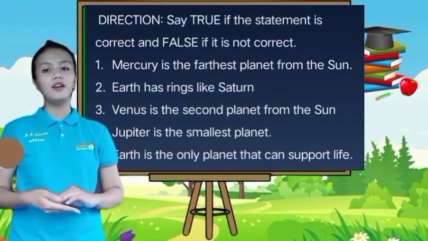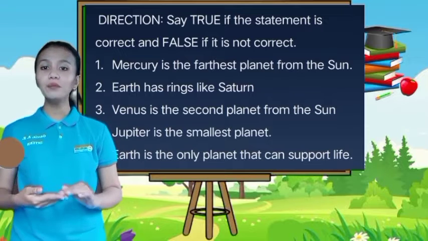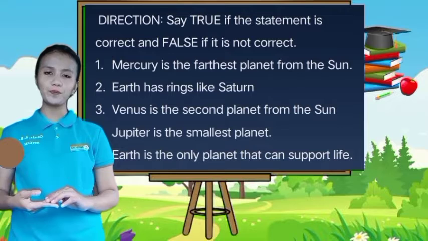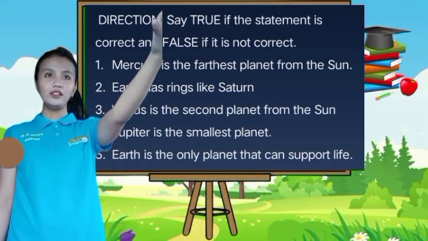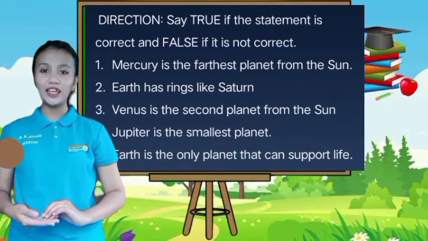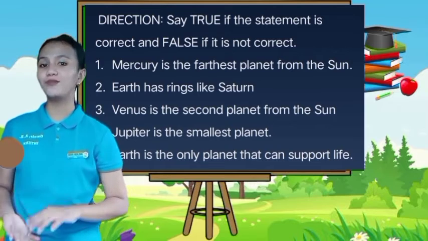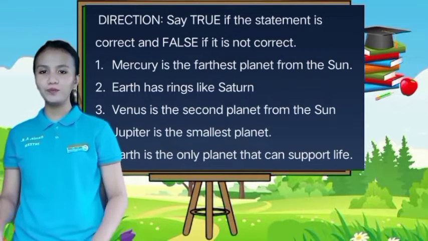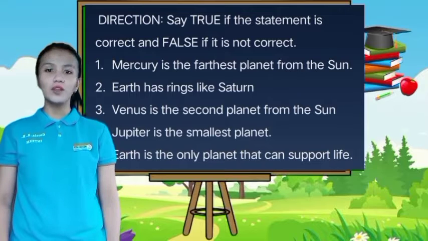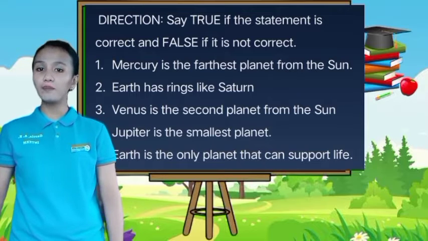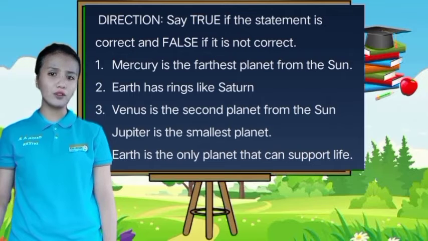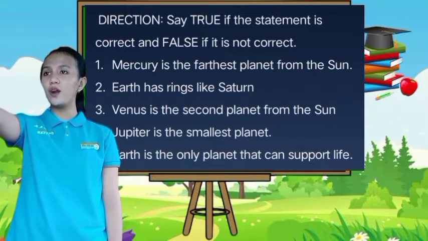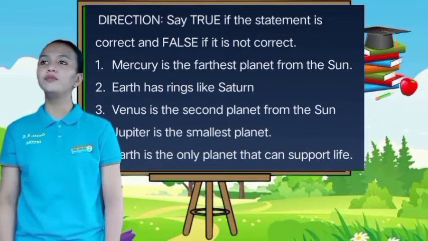So number 3. Venus is the second planet from the Sun. It is true or false? Yes, Gideon? Very good. It is true because Venus is the second planet from the Sun. So number 4. Jupiter is the smallest planet. It is true or false? Yes, Miss Joanna? Very good.